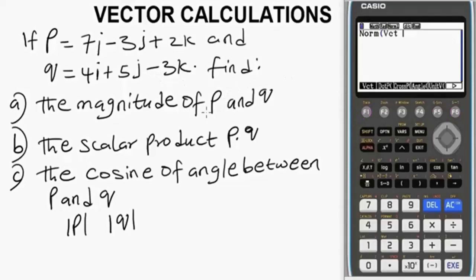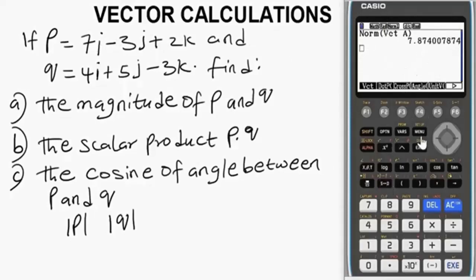Magnitude of vector A. We use vector A for our P on the calculator, so we press Alpha A. That's all. Close the brackets, press Execute. So the magnitude of vector P here is what? Square root of 62. If you want to put this value in decimal, you press S-D.